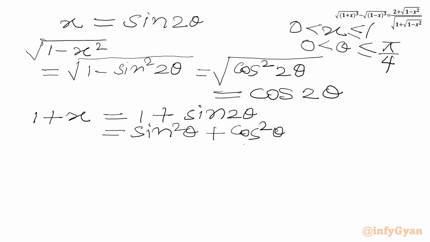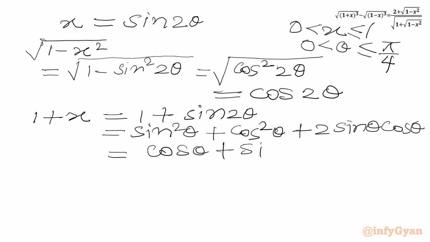And sine 2 theta can be written as 2 sine theta cos theta. A square plus b square plus 2ab. This is cos theta plus sine theta whole square, or sine theta plus cos theta whole square. But as per our theta, if theta is in the first quadrant 0 to pi by 4, then cos theta will be always greater than sine theta.